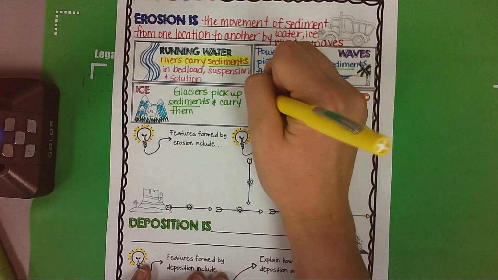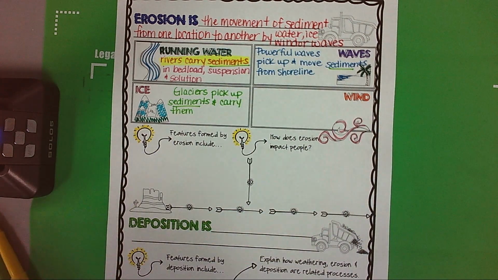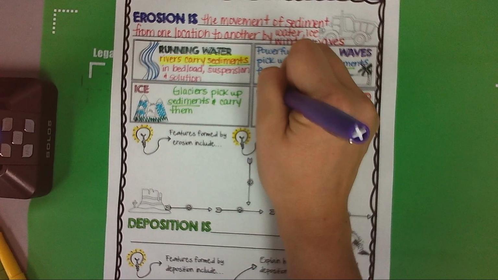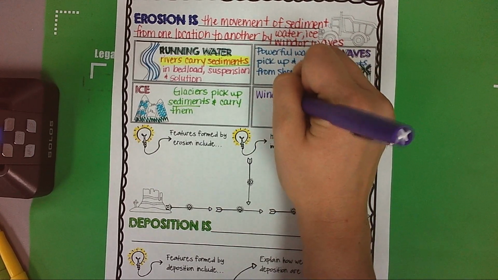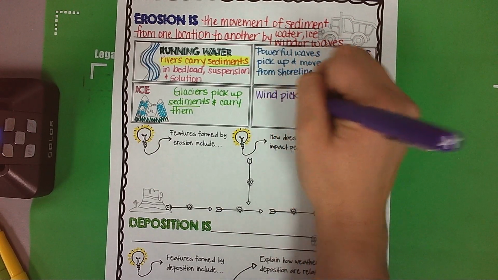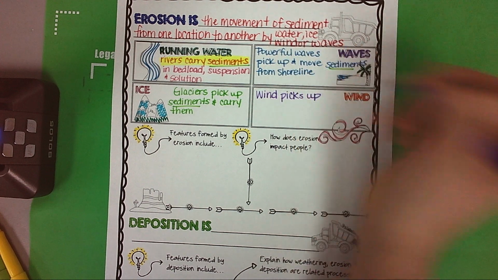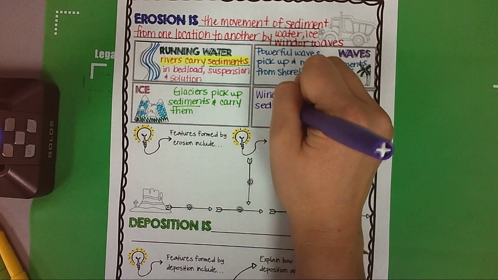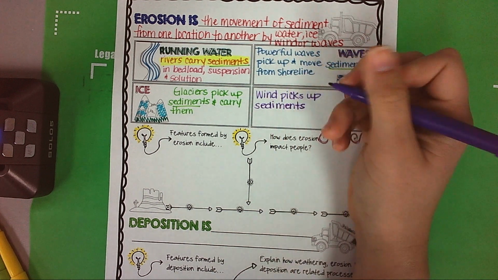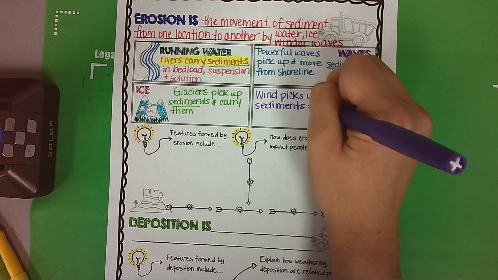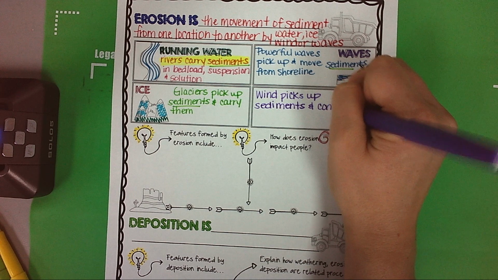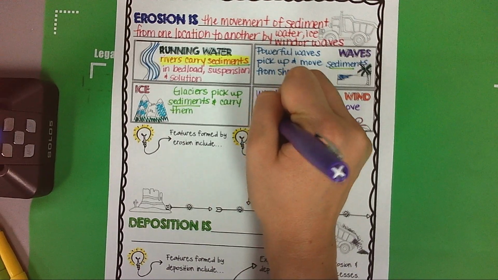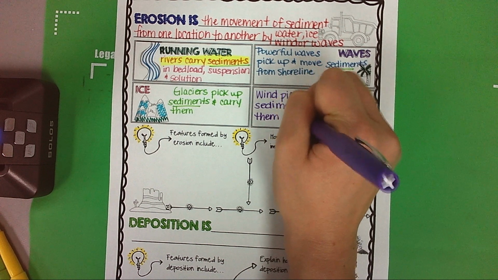So with wind, okay, so wind picks up sediments. Here's that key word again. Okay, so we know sediments are pieces of rock and wind can move them great distances.